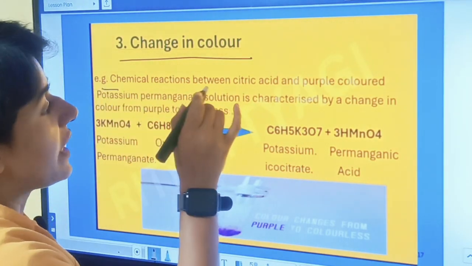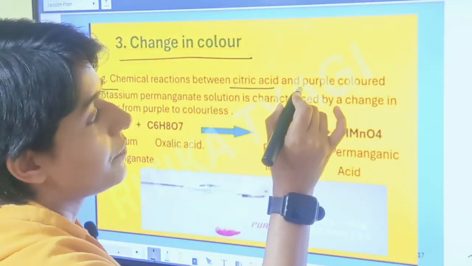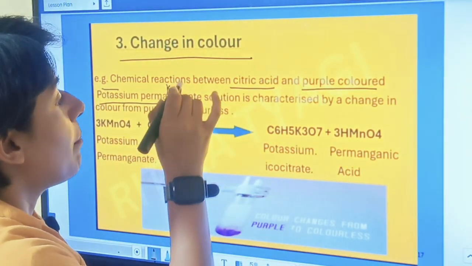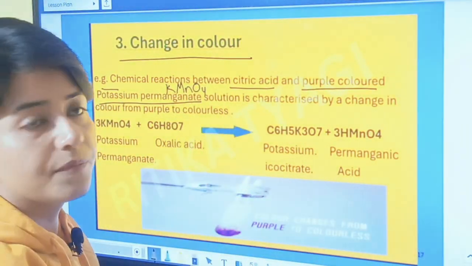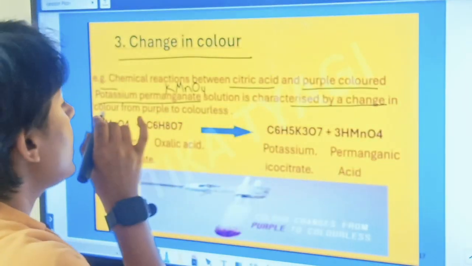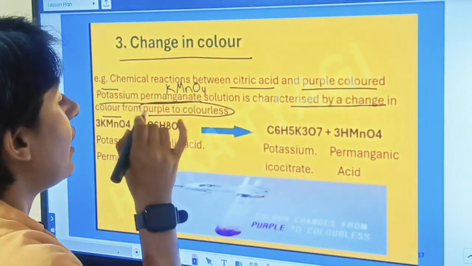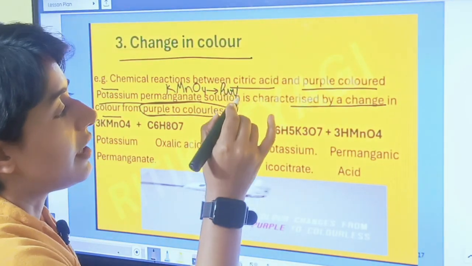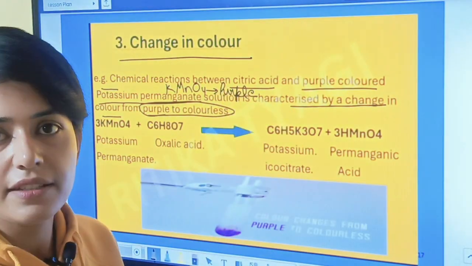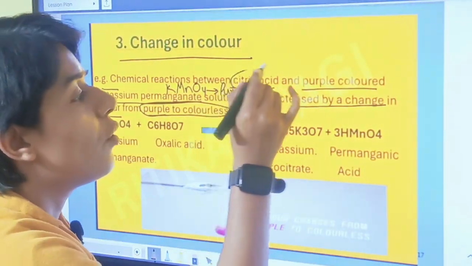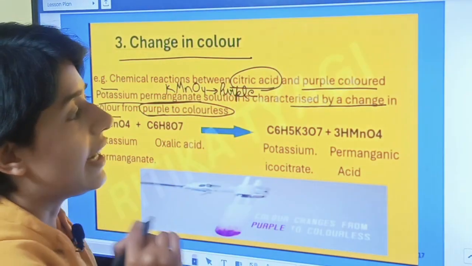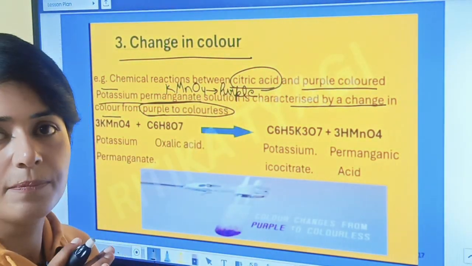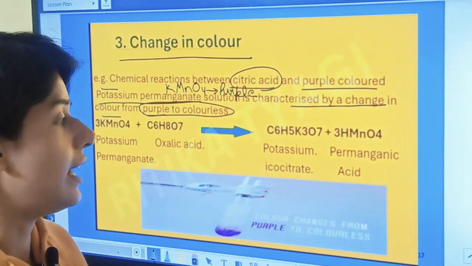For example, the chemical reaction between citric acid and purple potassium permanganate, KMnO4, solution is characterized by a change in color from purple to colorless. Potassium permanganate KMnO4 is purple in color. When we add some drops of citric acid or any other acid to it, then the color of the potassium permanganate gets decolorized, that is, it becomes colorless.